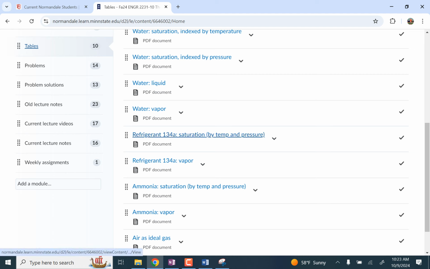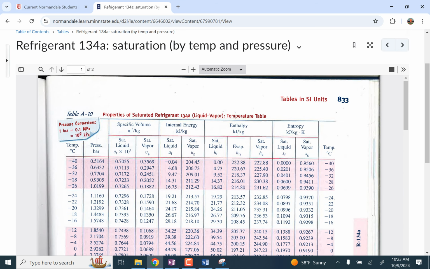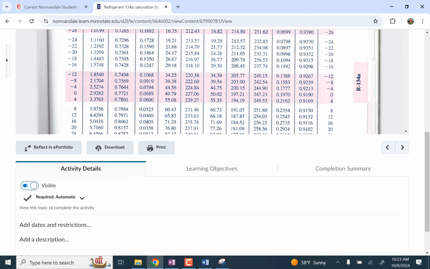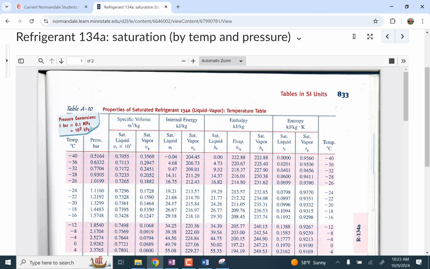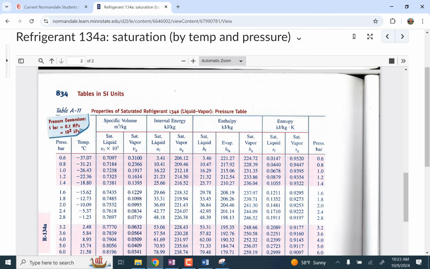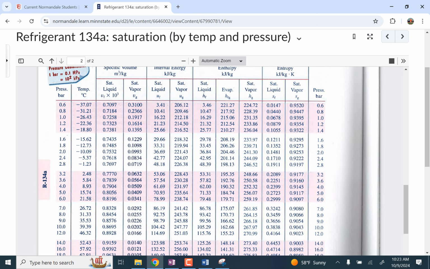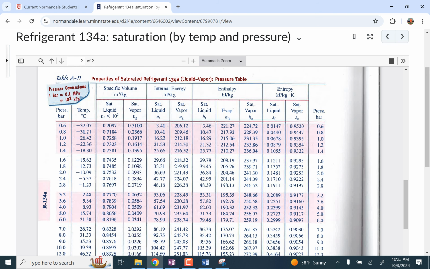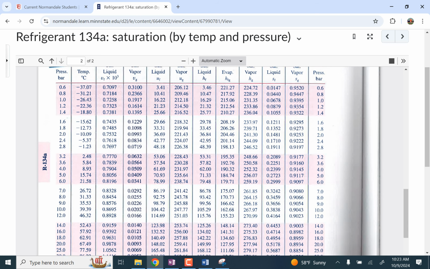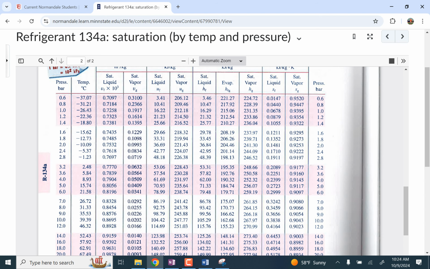So let's see what it is at saturation. This is indexed by temperature. Okay, here's pressure. So we want about 20 bar, and the range of specific enthalpies at 20 bar is going to be between the saturated liquid and the saturated vapor.